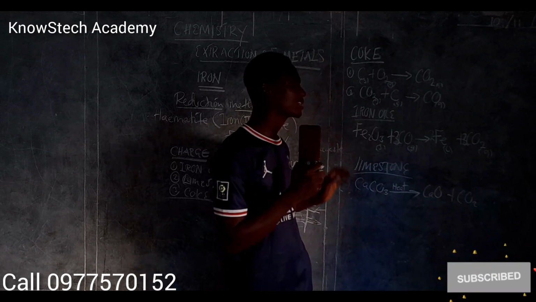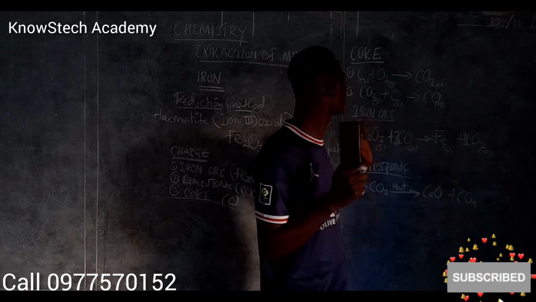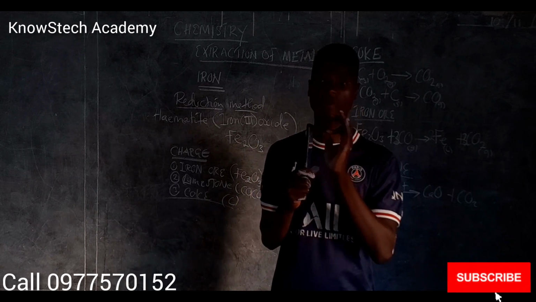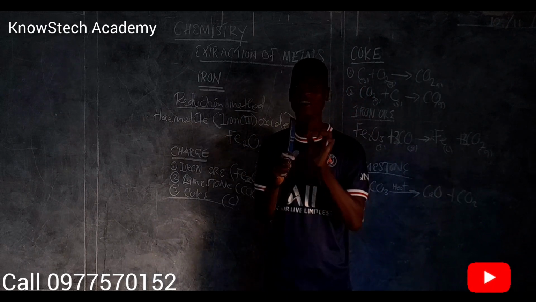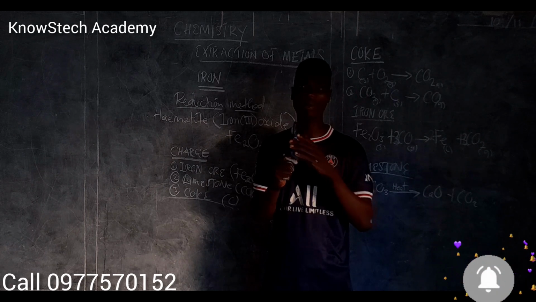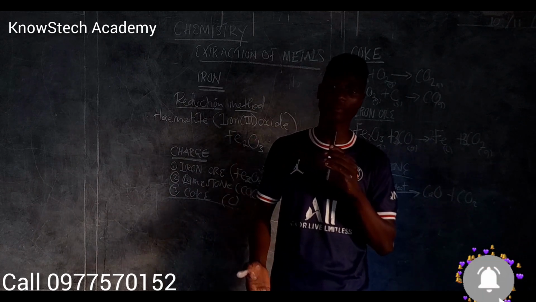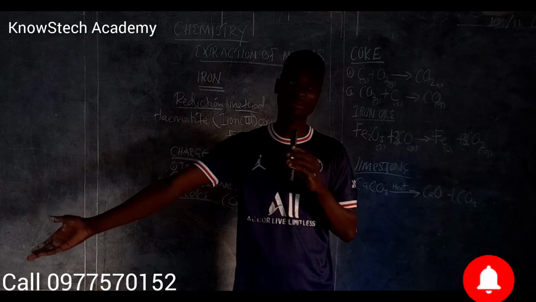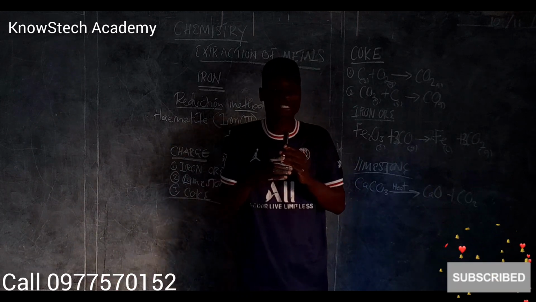Now, extraction of iron will not be complete if we do not talk about corrosion of iron. Corrosion of iron is rusting of what? Rusting of iron. When you look at rusting of iron, this is the decomposition of iron when the iron is exposed to oxygen and moisture, which is water. Reddish brown is rust.